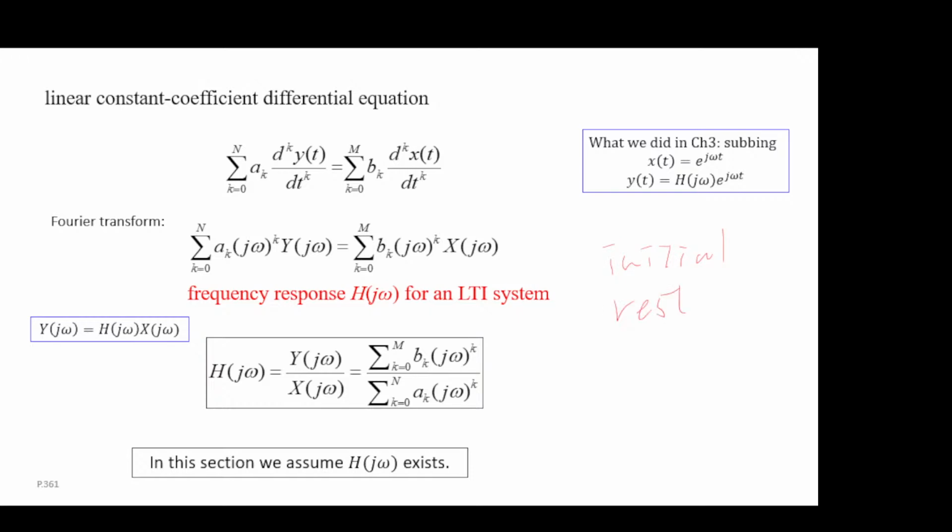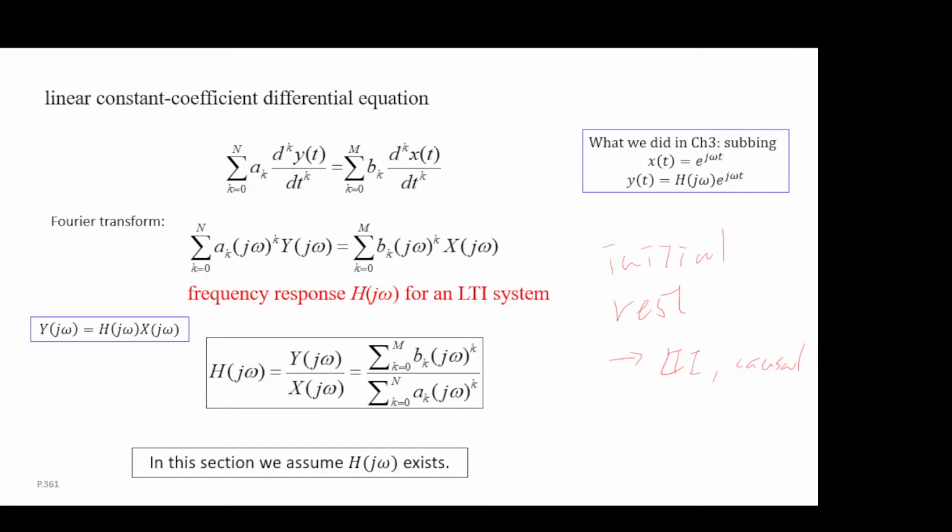If we have the initial rest condition, then the system is LTI and causal.